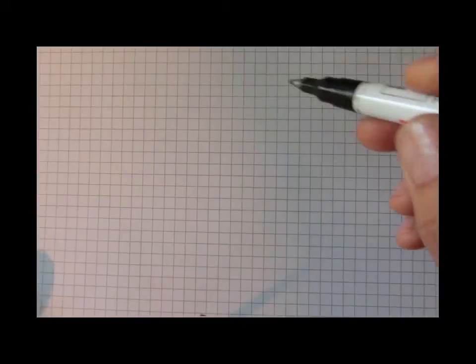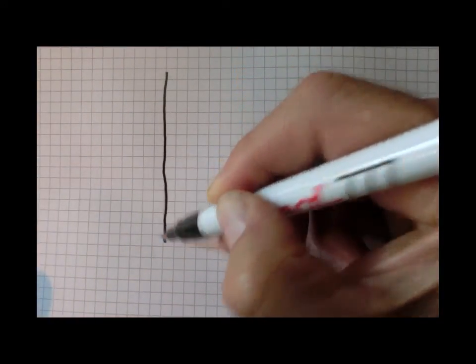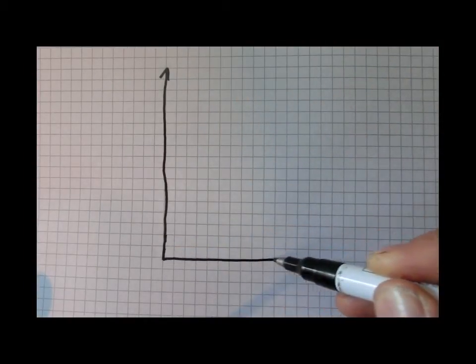This can also be illustrated in different ways. We will now look at how it can be done in a diagram. Let's draw a diagram where we have on this axis the force and on this axis the deformation.